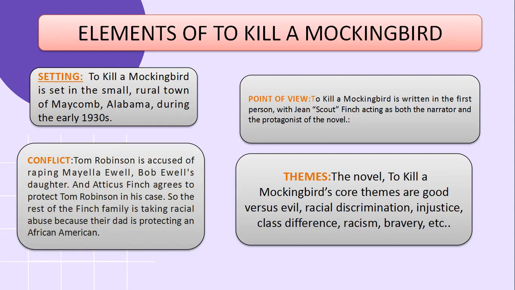It is an exploration of human morality and presents a constant conversation regarding the inherent goodness or evilness of people. That's why racial discrimination, injustice, class difference, and racism were very evident at that time, and very evident in the novel that Harper Lee wrote.